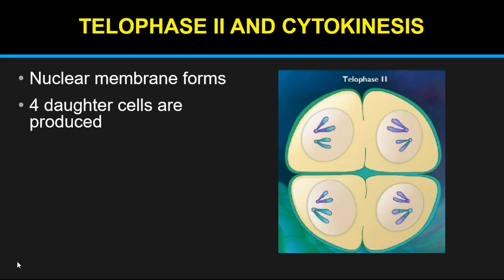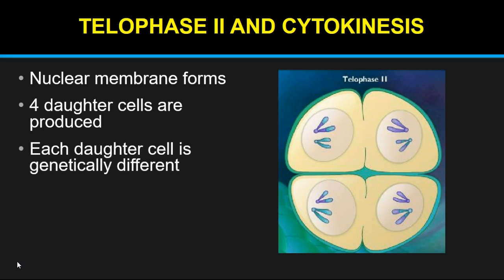Now we have 4 daughter cells that have been produced. And each daughter cell is genetically different. If you examined each of these nuclei and the chromosomes within them, you would see that they are different from each other.